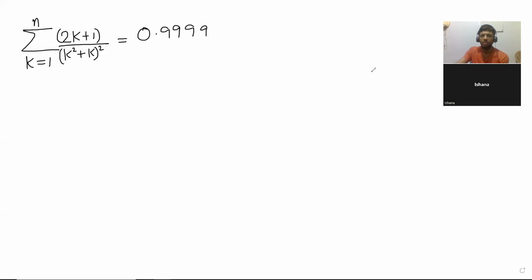And so the idea is to try to apply something like that. Or maybe just simplify that expression, split that expression or something.